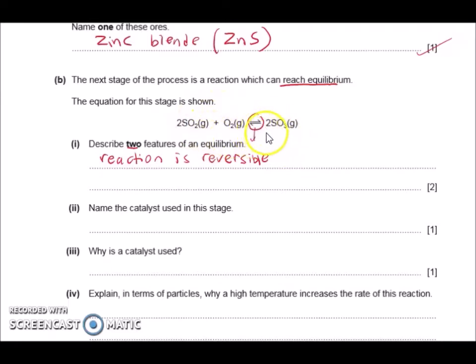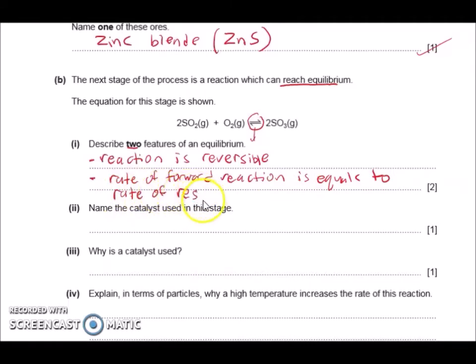So this equilibrium sign also shows that the rate of the forward reaction is equal to the rate of the reverse reaction. Okay, this is the meaning of this equilibrium.